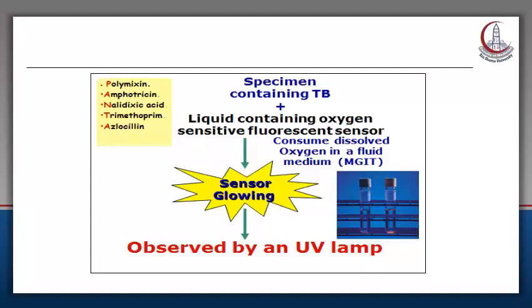In the bottom of the tube, there is an oxygen fluorescent sensor. If the specimen is positive for Mycobacterium tuberculosis, the growth will appear by fluorescence of the sensor and is observed under the ultraviolet lamp, with the sensor glowing as we are seeing in the right tube in the rack.